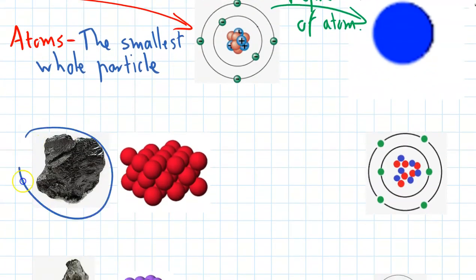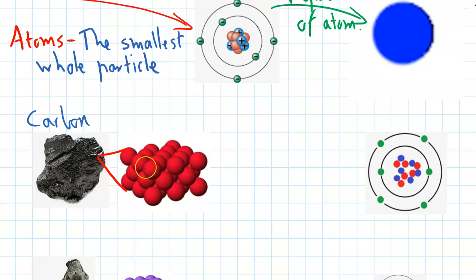Okay, so let's look at the first way that atoms can exist in a material. So here we've got a chunk of carbon. This is what carbon looks like in its pure form. And if we zoom in into this chunk of carbon, we would actually see that it's made up of lots and lots of carbon atoms, all next to each other.